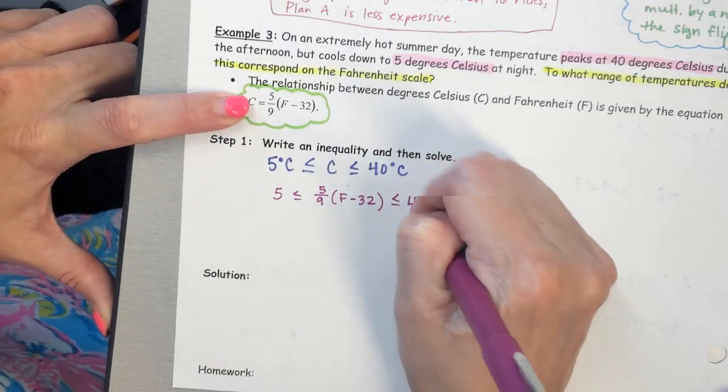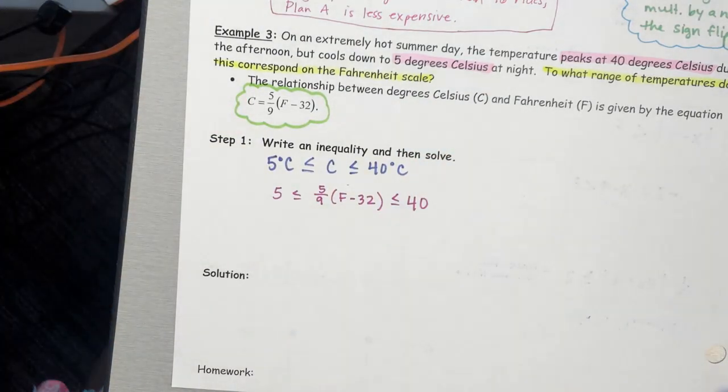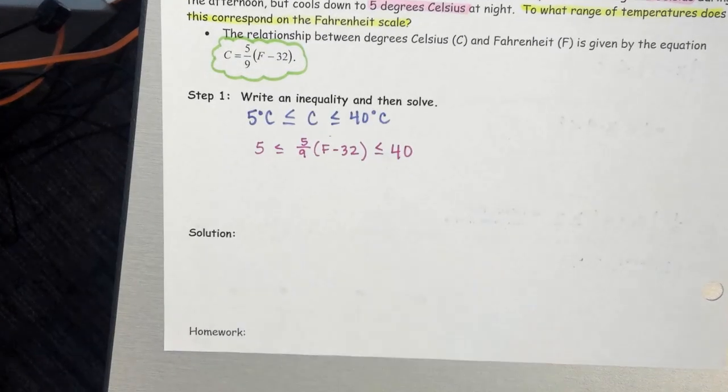Okay, and I just want you to think about what your first step could be. There are multiple ways to do this. So I want you to think about what that first step could be.